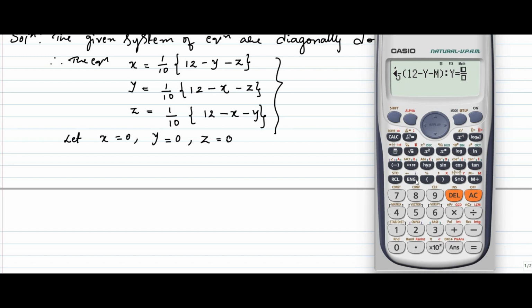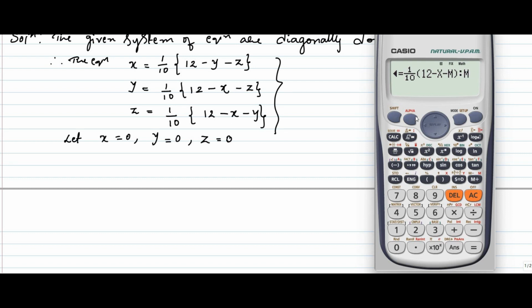Then take fraction 1 over 10, 1 by 10, come out of this, press bracket 12 minus x, alpha x, minus alpha m, close the bracket. To separate the equation, press alpha colon, take the next equation.